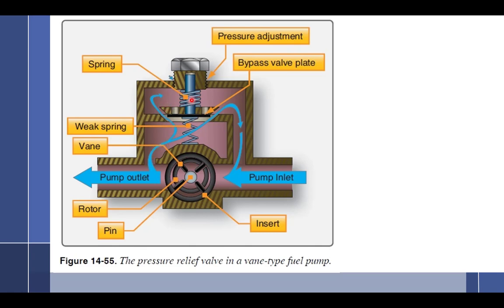If I barely put any pressure on the spring and I start the pump up, it's going to go the path of least resistance. If it's easier for it to go up through this little bypass, it will.